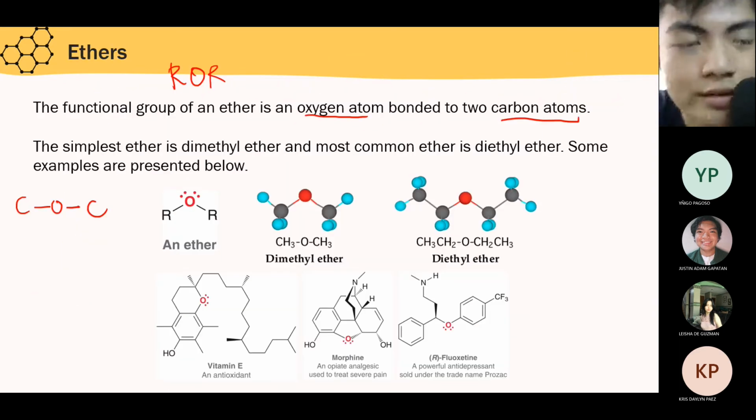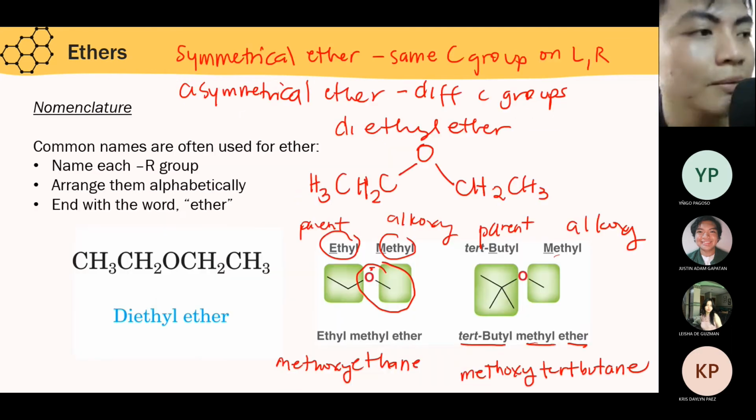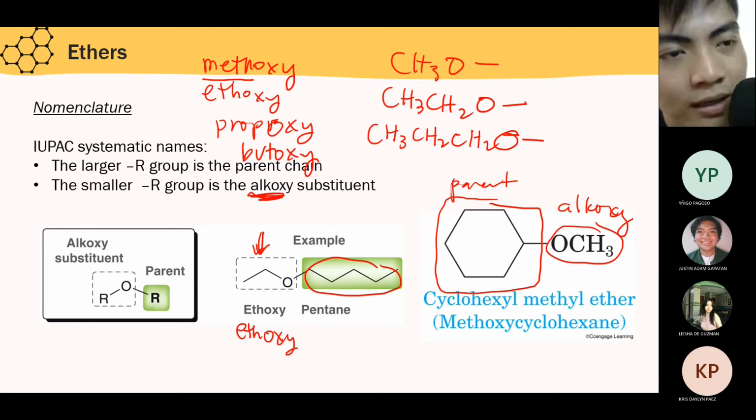And then we have the ethers. The nomenclature of ether is easy. For common names, just name the two R groups followed by the word ether. But for IUPAC, the longest chain is the name of your parent chain. The shorter one is your alkoxy. Again, what do we do with alkoxy? You just attach the prefix to oxy. Methoxy, ethoxy, propoxy, butoxy, pentoxy, hexoxy. Is there such a thing? I think there is. Heptoxy, something like that. So that's all there is to it.